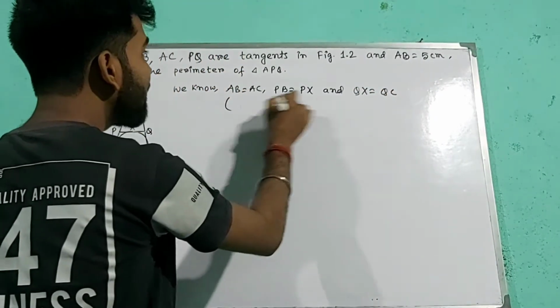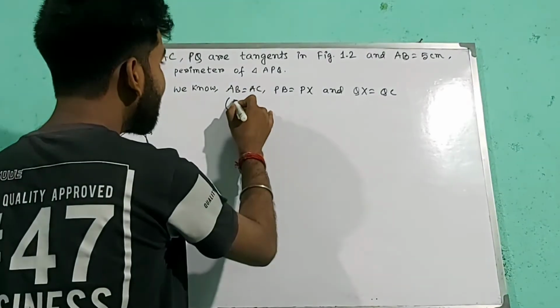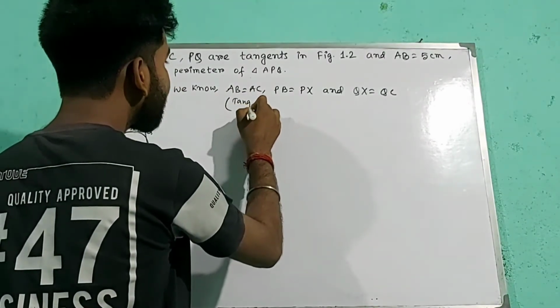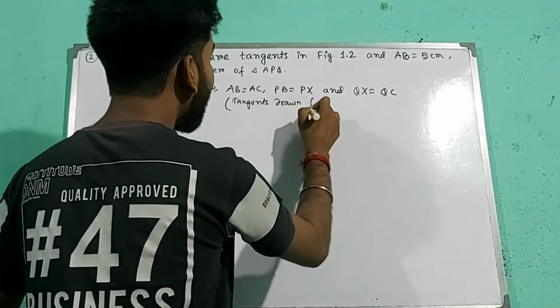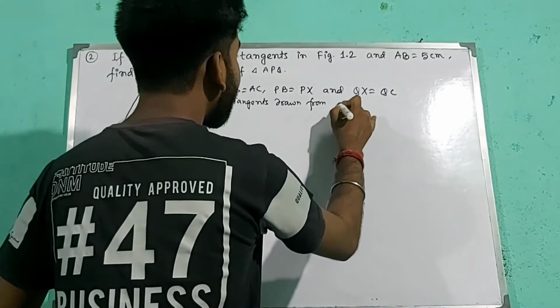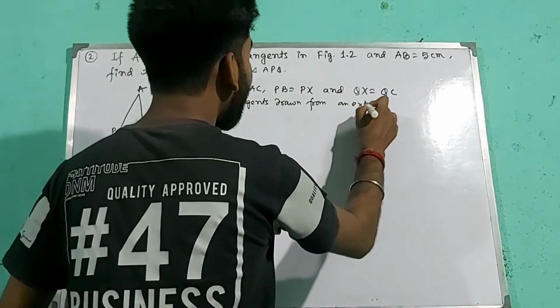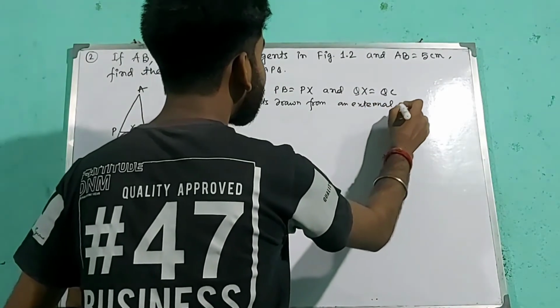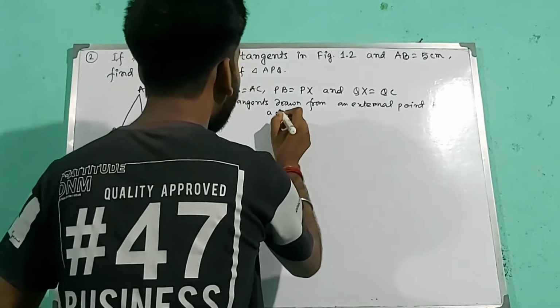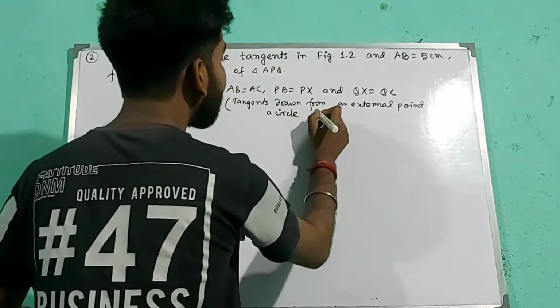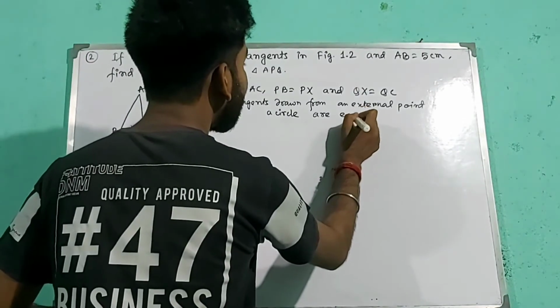What is the reason? We will give the same reason for all three: tangents drawn from an external point to a circle, that means to the same circle, are equal.